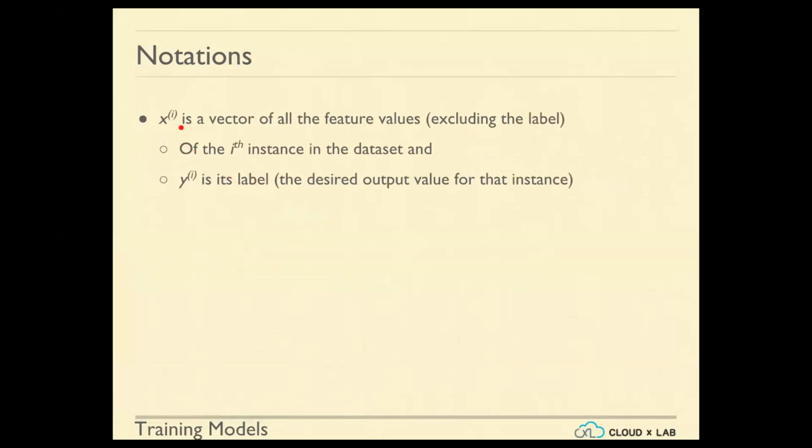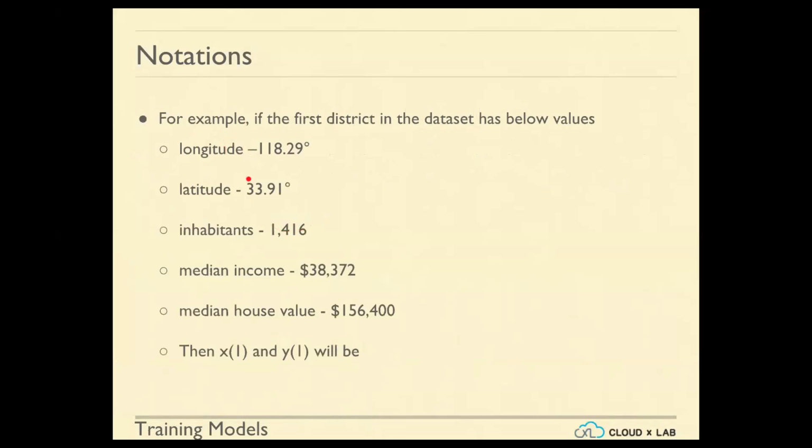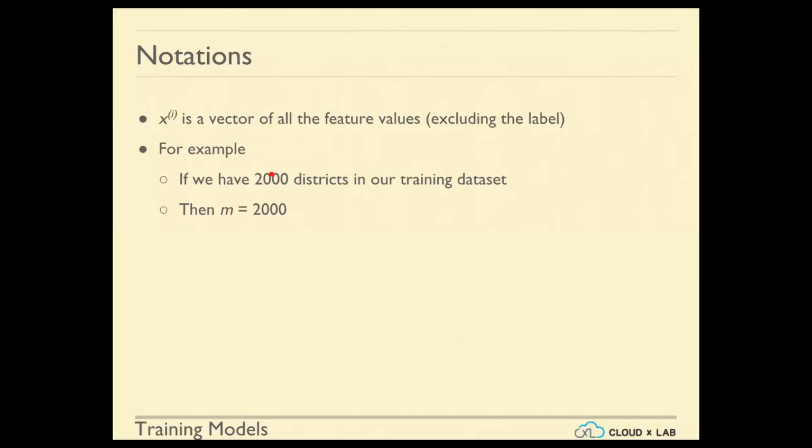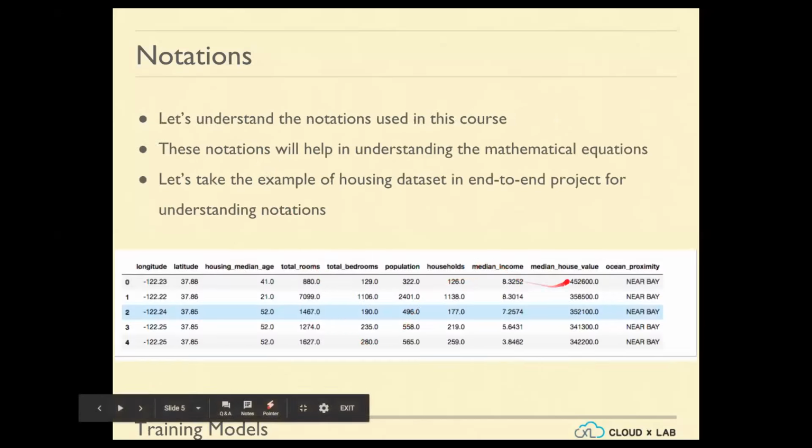The xi is the feature values. Sorry, each row is xi. The capital X means the entire thing. Yi is the label for each row. Since we are trying to find the median house value, this is yi.